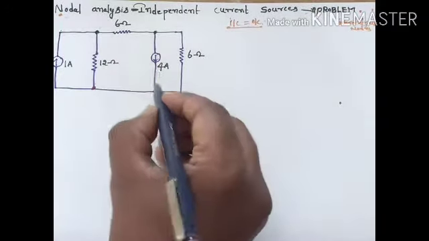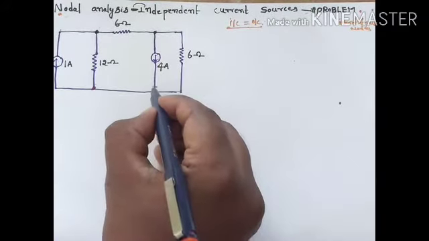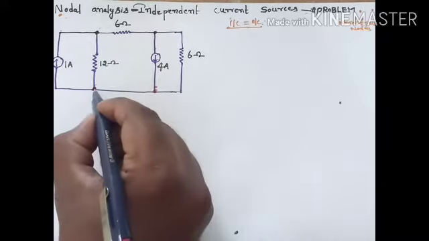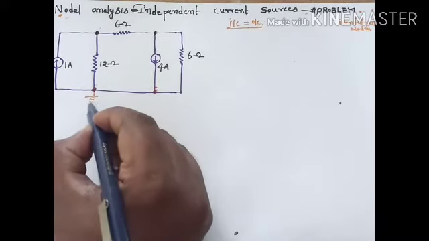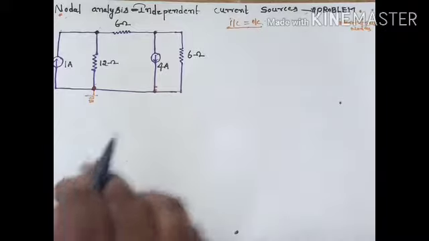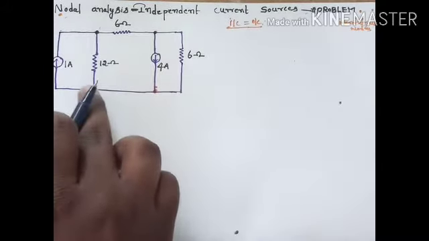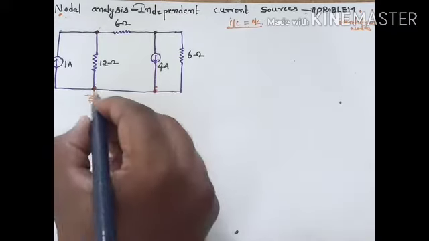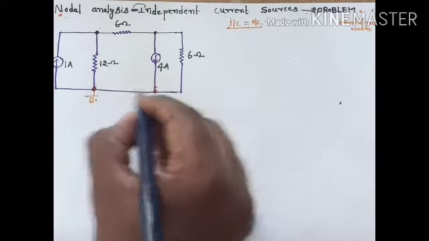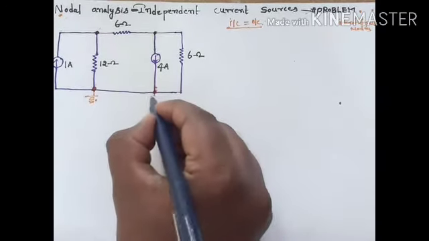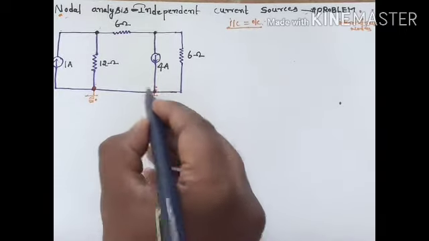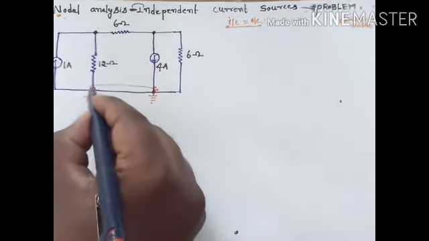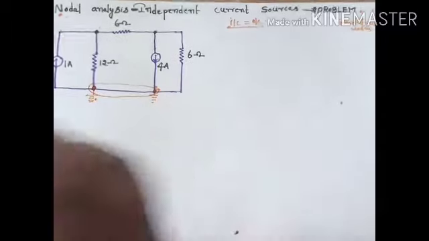Here I am taking that as the ground. One thing you have to remember: between these 2 points we don't have any elements. That means here we have a 0 potential and here also we have a 0 potential, so we will take it as one point.